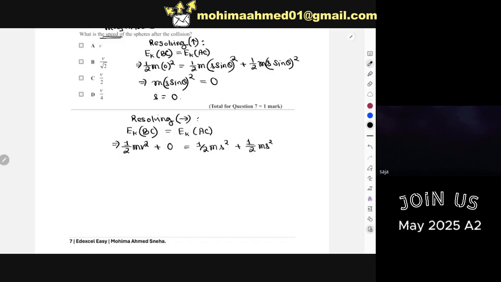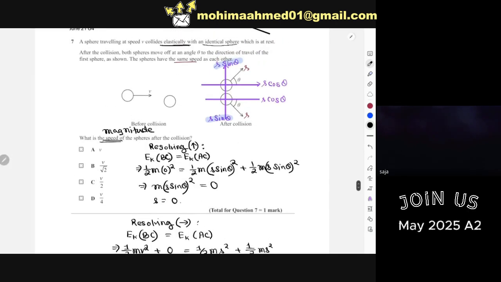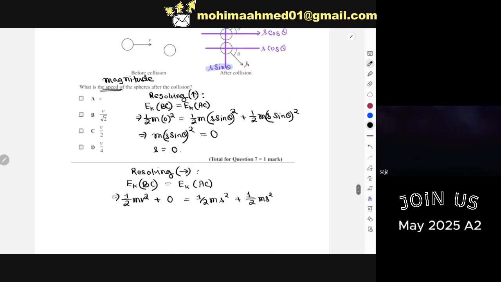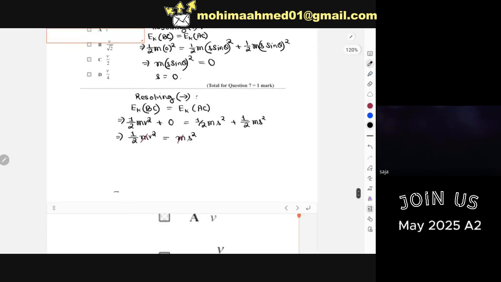It was also stated that both were identical spheres. Identical spheres means both have the same mass, and after collision they both travel at the same speed. So speed is the same, mass is the same. Eventually this turns out to be half m v square equals half plus half, which is just 1, so you get m s square. The masses get cancelled out.